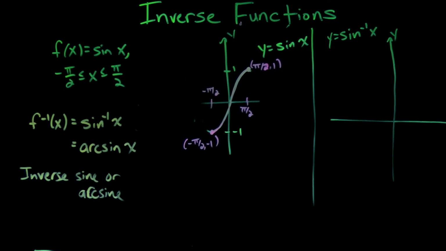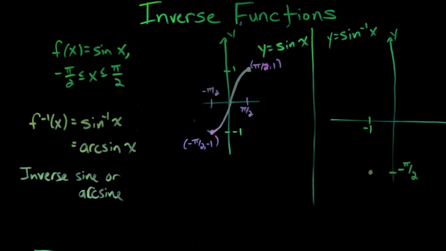So we have 3 points here that are obviously on the graph of sine x with this restricted domain. We have a point at negative pi over 2, negative 1. Well, if we flip the x's and y's, that's going to go to the point x equals negative 1, y equals negative pi over 2. Okay, so we're going to have a point there.